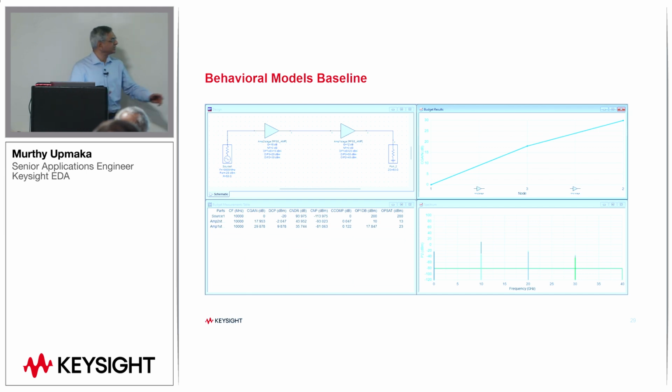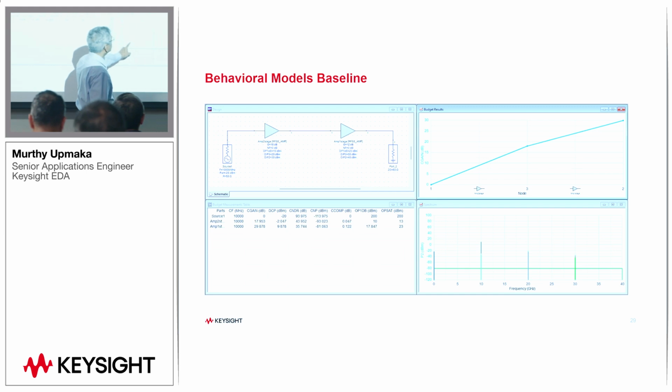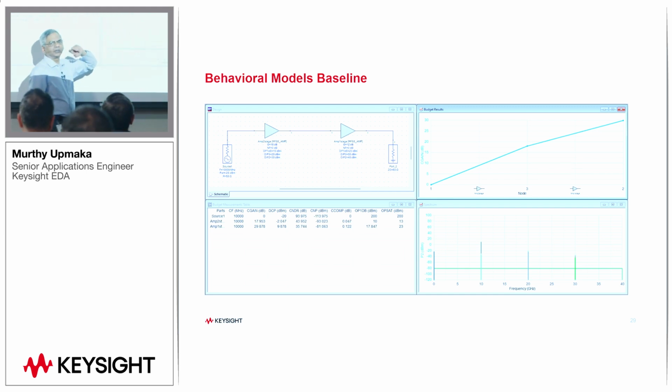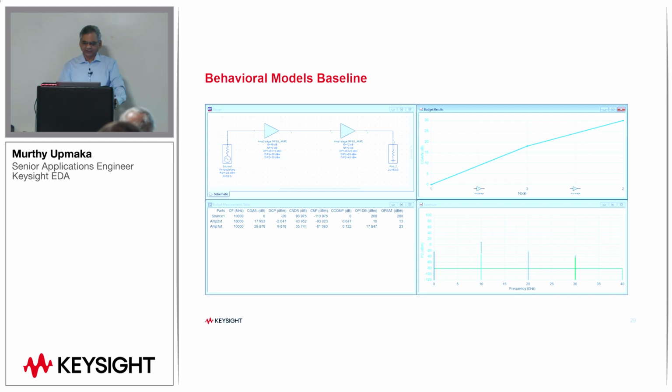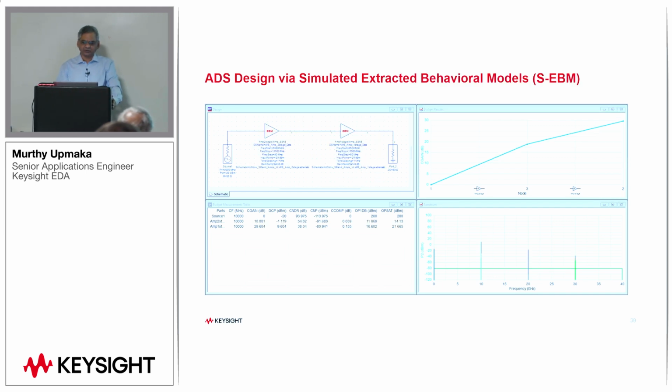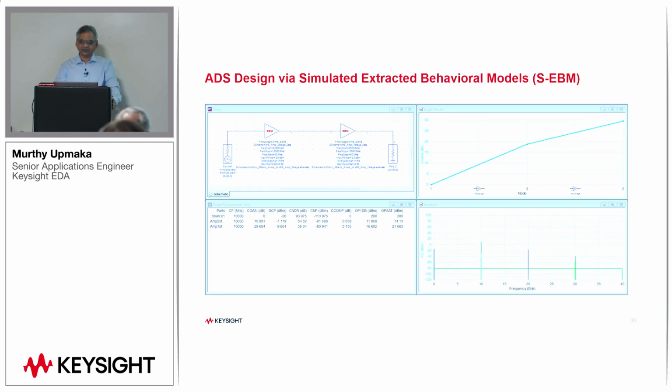And then the performance is in terms of a table, a spectrum, a level diagram. We can also always extend the kind of measurements that you want to do. Between these two, I will just switch quickly. See, there is a slight performance change because of the behavioral models, right?